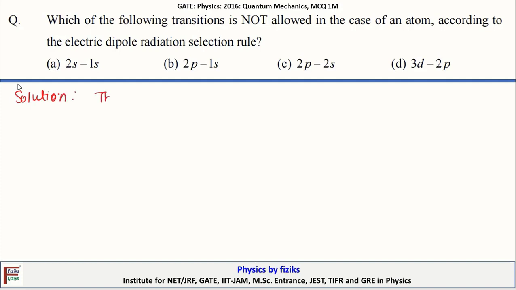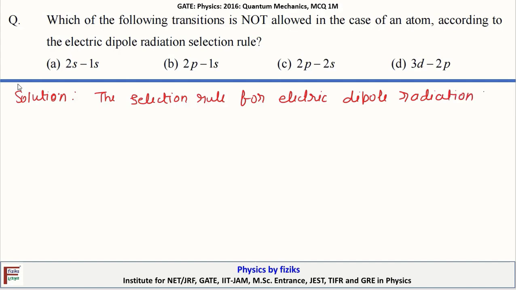This selection rule for electric dipole radiation is delta L equals plus minus 1.